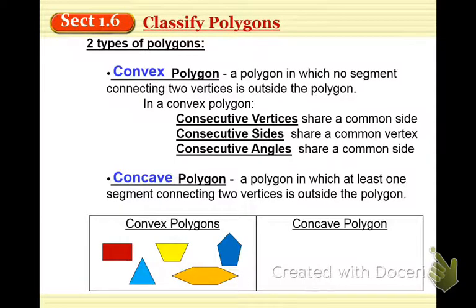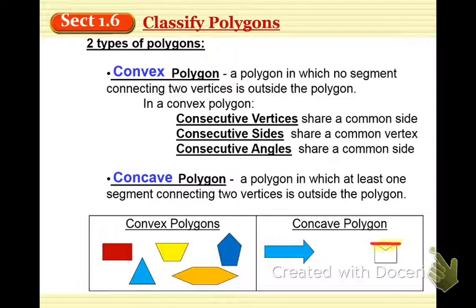If I connect any point in this shape to any of the other points, the line is either a side or it's inside the shape. Versus concave, a polygon in which at least one segment connecting 2 vertices is outside of the polygon. If we look at this example, if I connect these vertices, this line is outside of the shape, right?